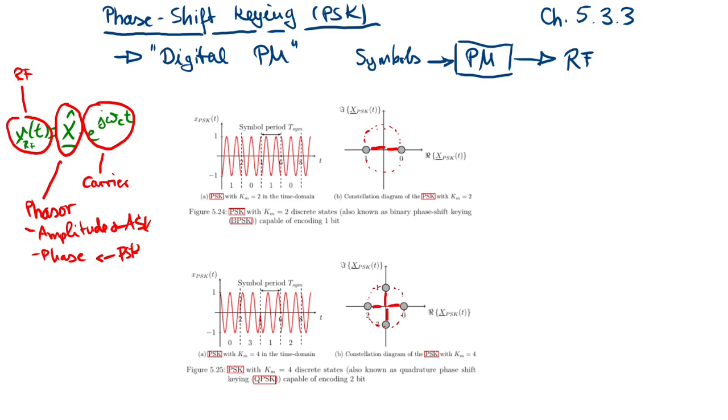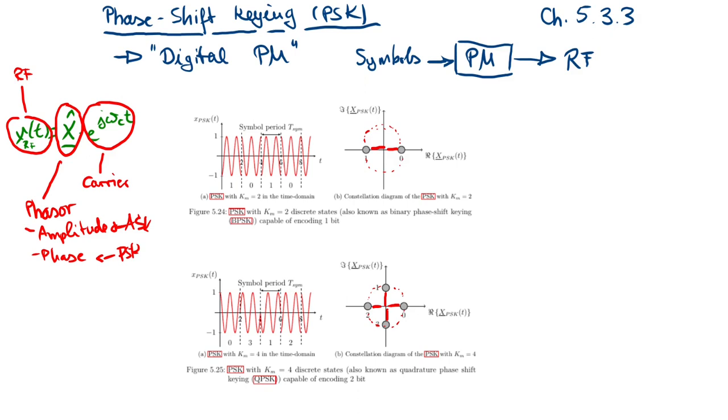So in the upper example, for the symbol 0, we have a phase of 0, and for symbol 1, we have a phase of 180 degrees. Here in the example below, for this state, 0 degrees, 90 degrees, 180 degrees, and 270 degrees. So what changes is indeed the phase. The amplitude is constant.